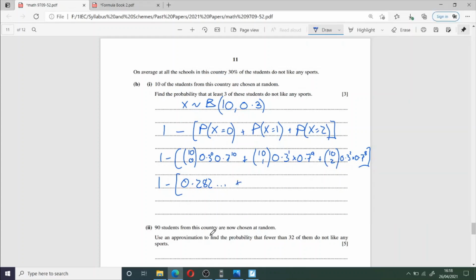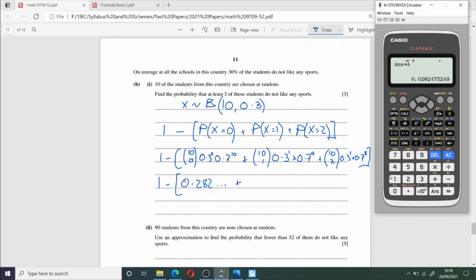Okay, plus 10 choose 1 times 0.3 to the power of 1 times 0.7 to the power of 9, which is 0.121.